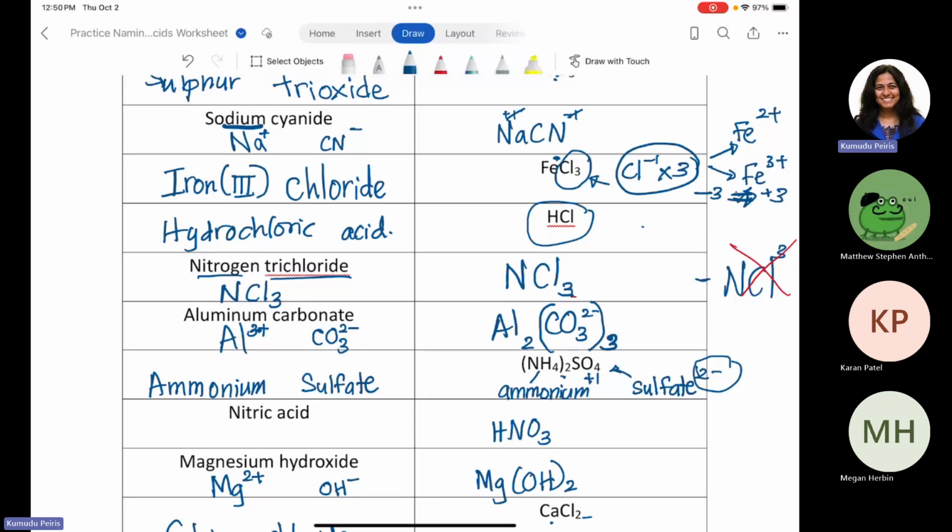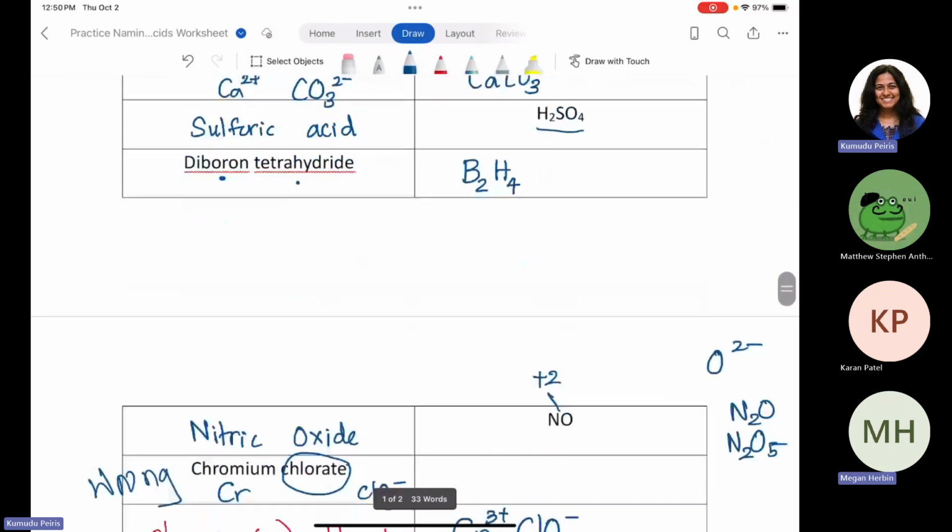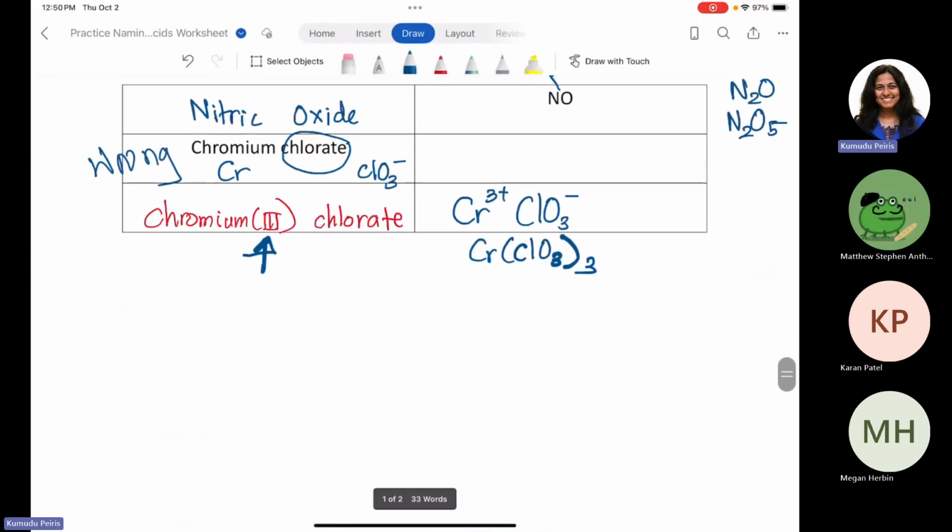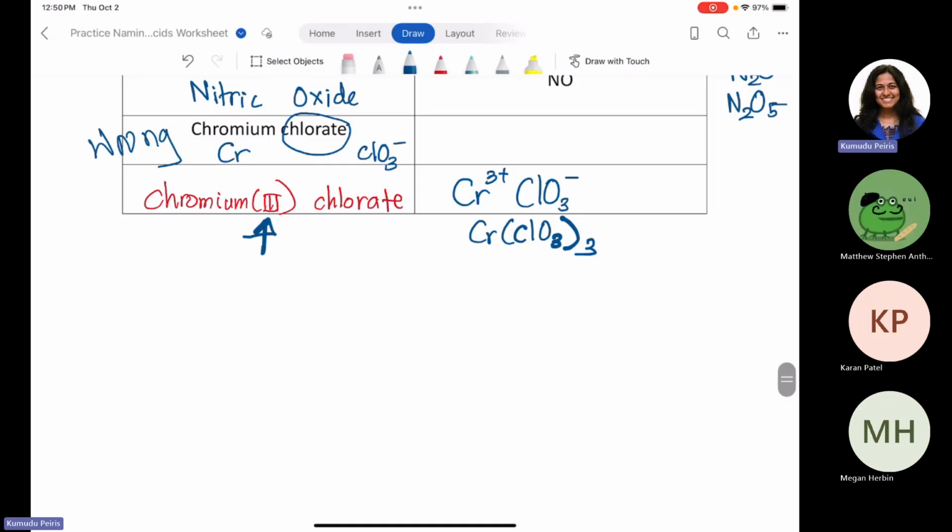Chromium can make 3 plus or 6 plus, and manganese can make plus 2, plus 5 or plus 7, right?